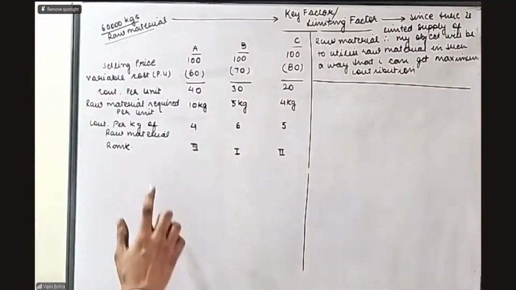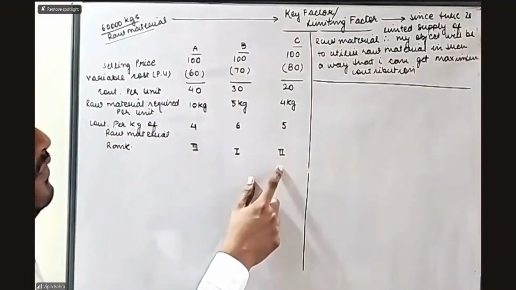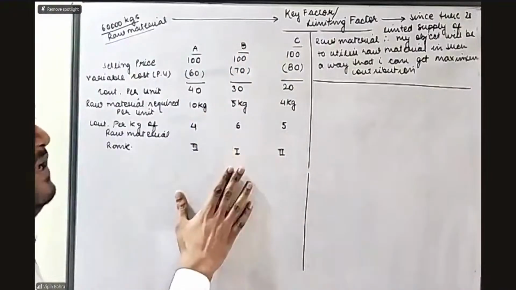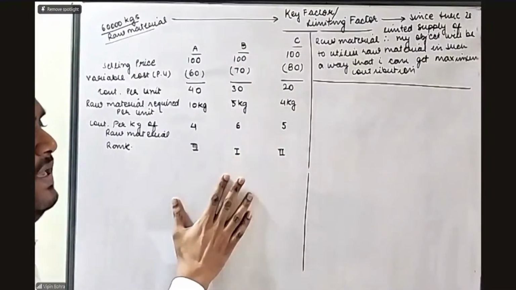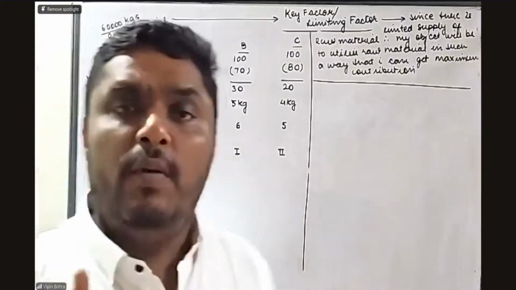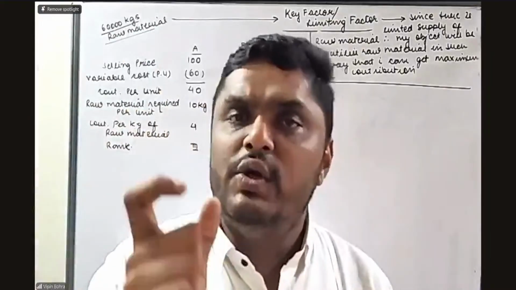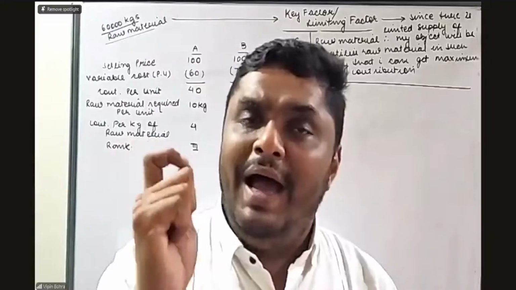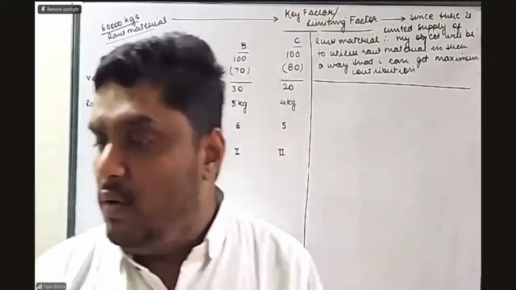If there is unlimited demand for product B, we'll be manufacturing only product B because we are getting the maximum profit from B only. You can check and calculate also, the highest profit will be in the case of B only.